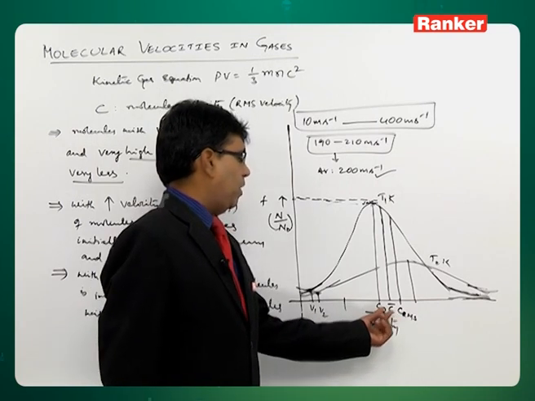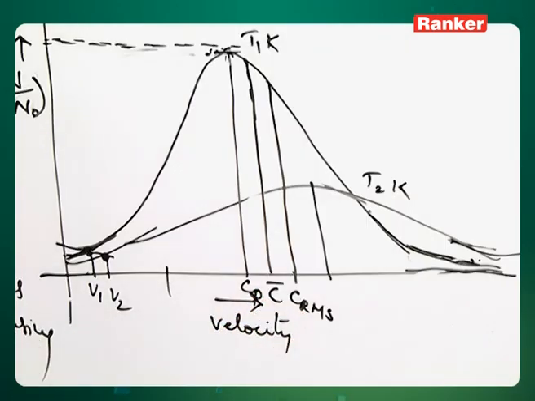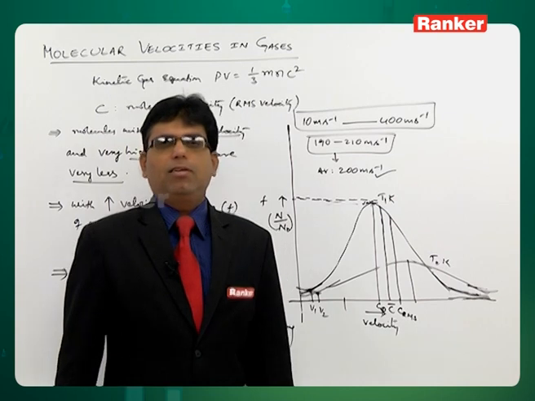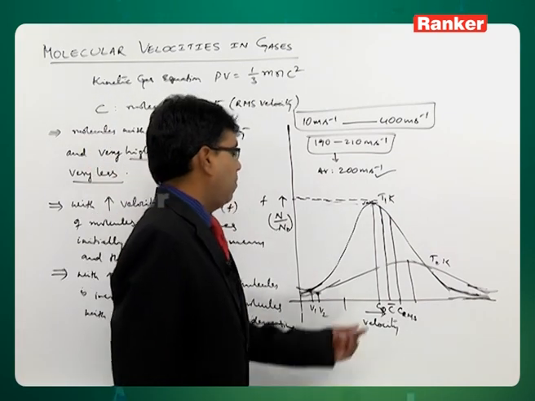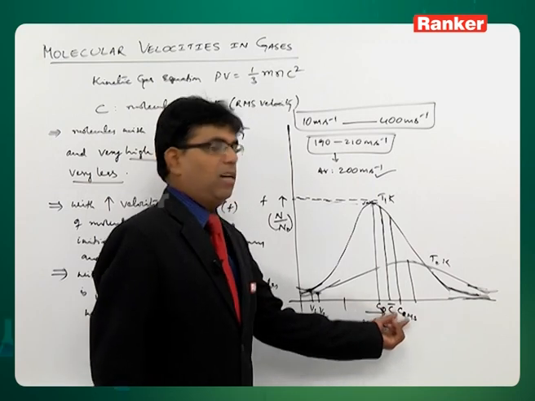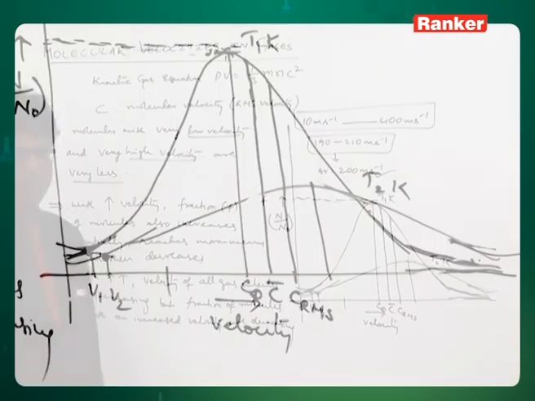So Cp, C bar, CRMS are the different types of velocities that have been proposed to consider while dealing with kinetic parameters of the gas molecules. Now, how to determine Cp, C bar, CRMS? That is what we are going to look at next.